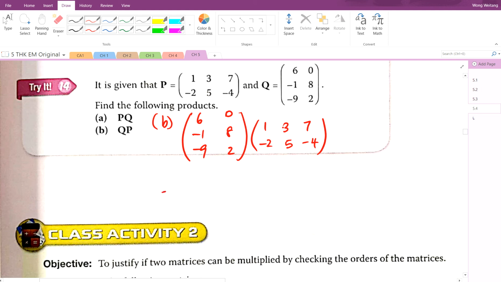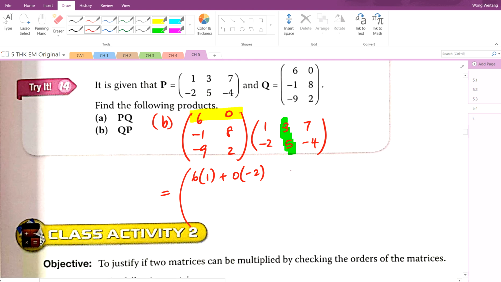Okay, so first row, first column. Multiply them together. 6 times 1 plus 0 times -2. That's the first row, first column. So now I want to move on to the first row, second column.